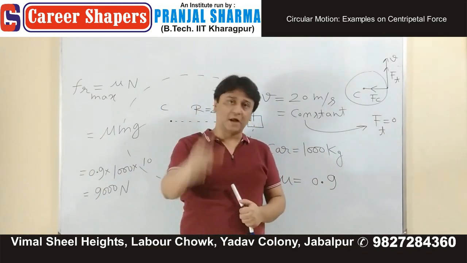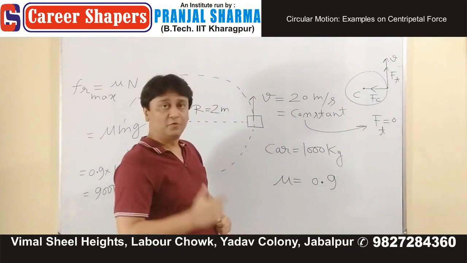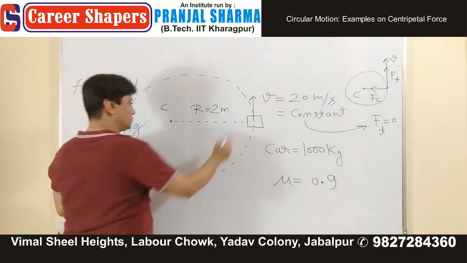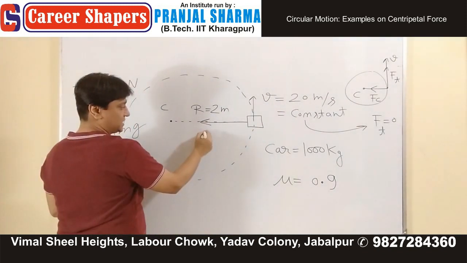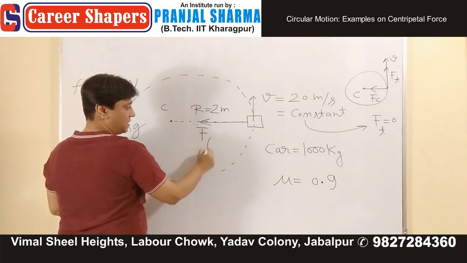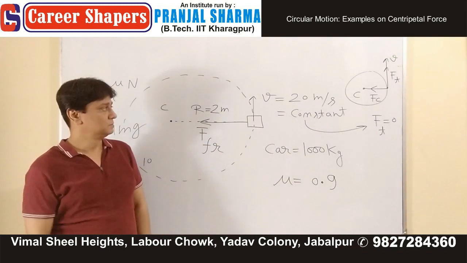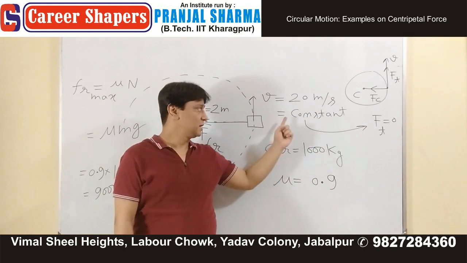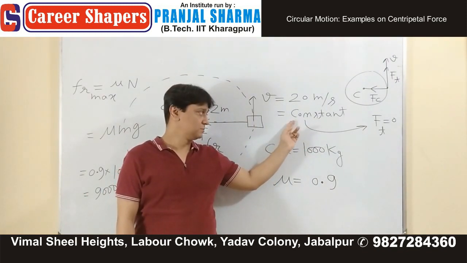There is contact between the tires of the car and the road. And the force which is acting is what? Force of friction. So force of friction is the force which is acting towards the center. This is F_R. The question tells us that the car takes the circular turn with constant speed.